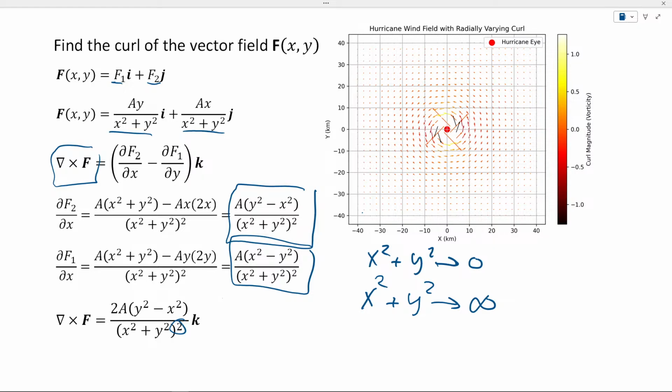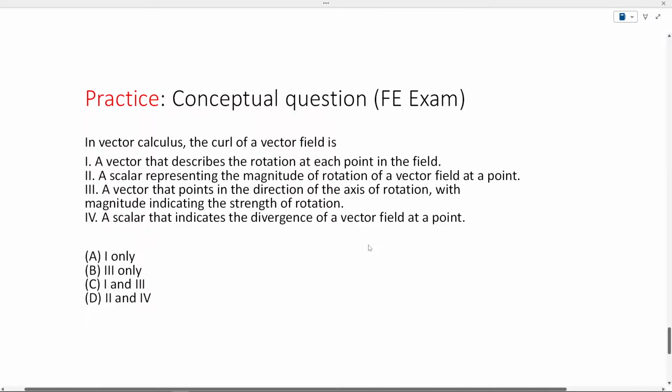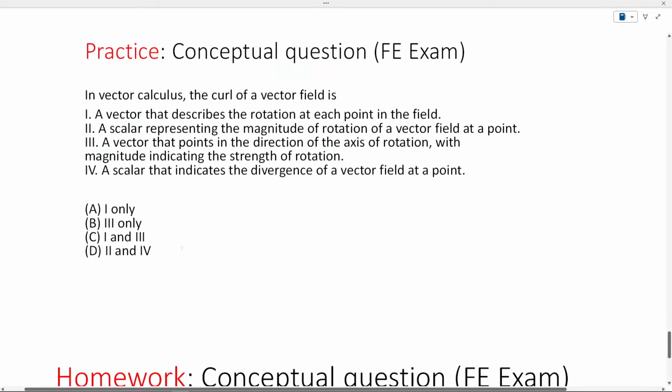winds outward. Yeah. By the way, if you want to solve this problem, the rotation that I used for this guy was 15 radians per second, this constant here. And the codes will be online also. You can look at them. Okay. This is a practice problem.